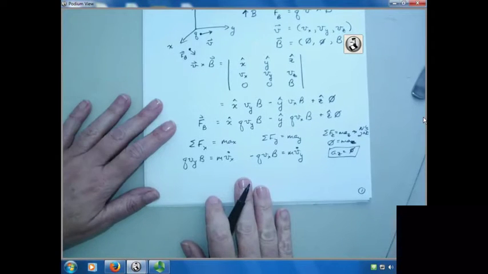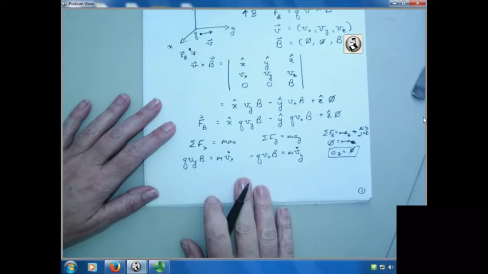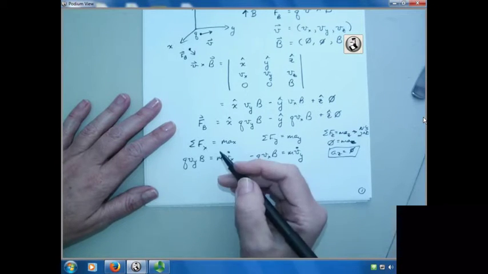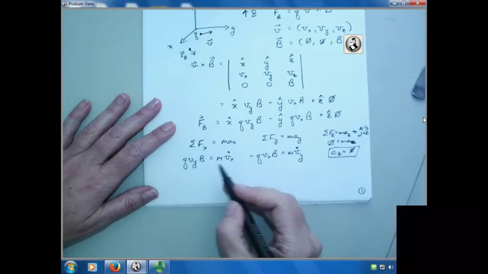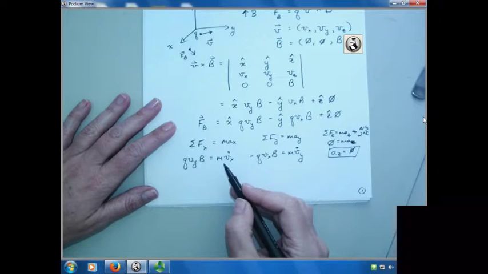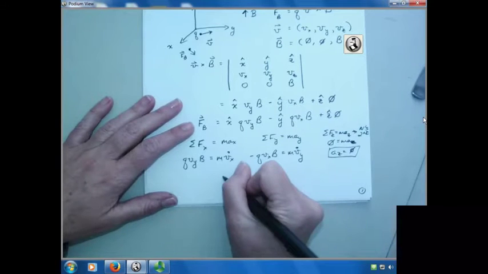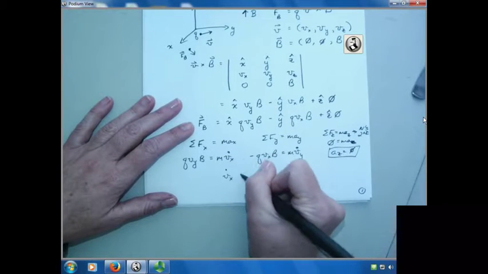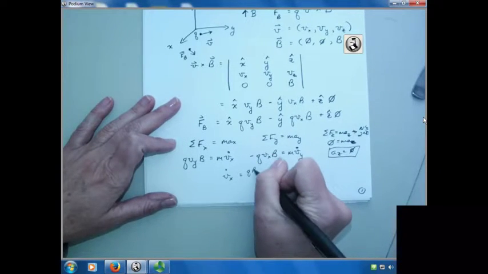Okay, so, when we did this problem in whatever your introductory physics course was, we took this equation here and we rewrote it. I'll go ahead and do that. Vx dot is equal to QB over M Vy.